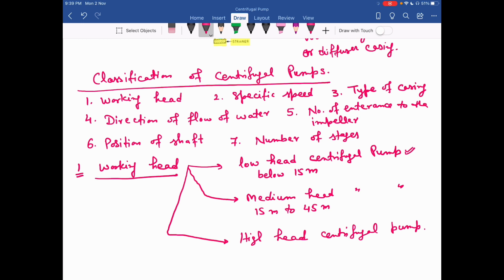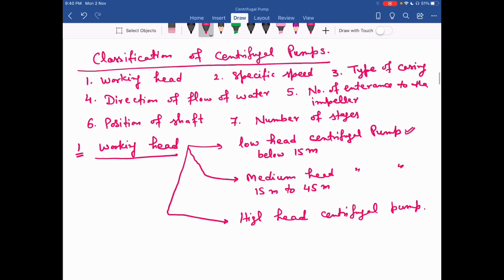Usually these are single stage pumps, and these can be either single section or double section. Then the third one are high head centrifugal pumps. So here the head is more than 45 meters.